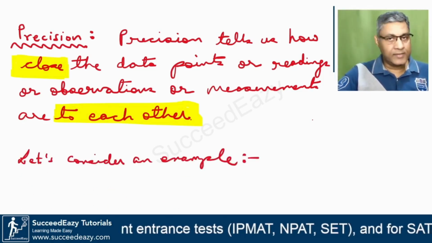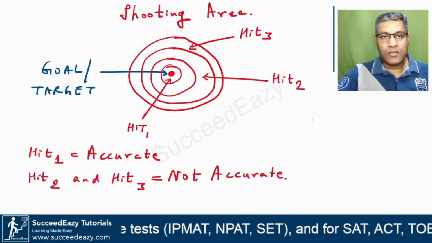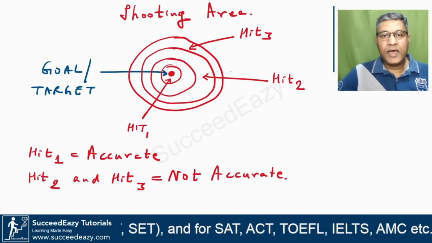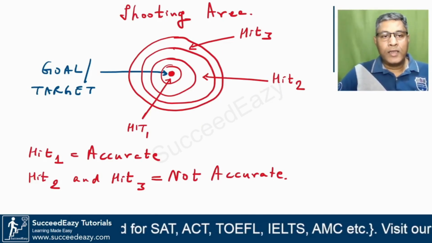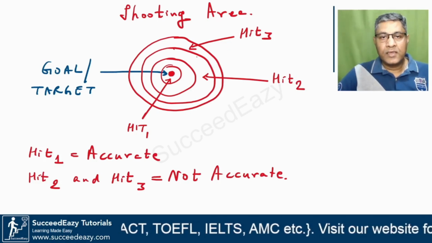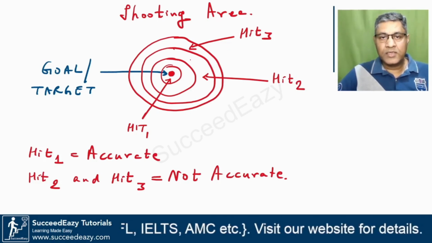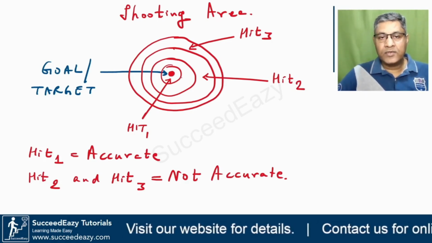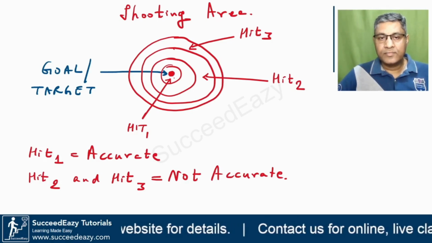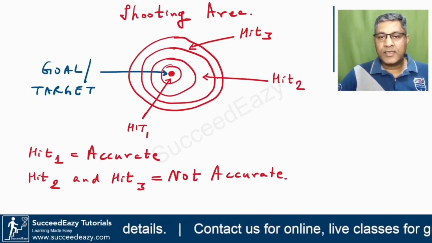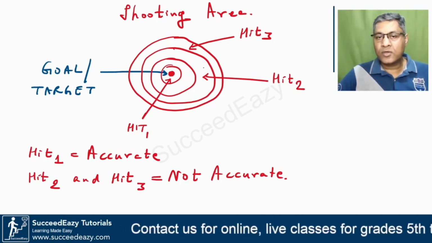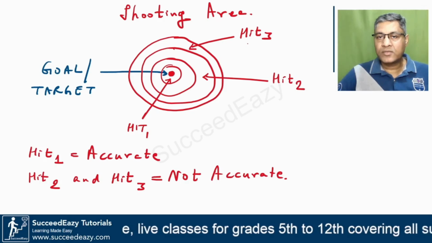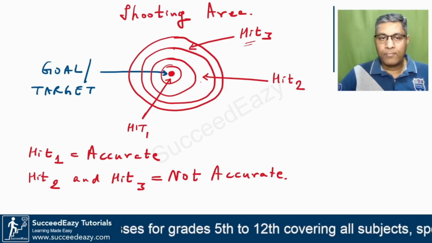Let's consider an example. Let's say we take a shooting area, and in that shooting area, we have these concentric circles that you see. Let's say we have the first hit right here in the bullseye. The second hit is in the third concentric circle, and the fourth hit is on the outermost concentric circle, as you see for this.